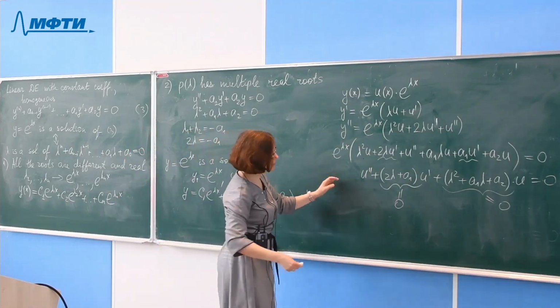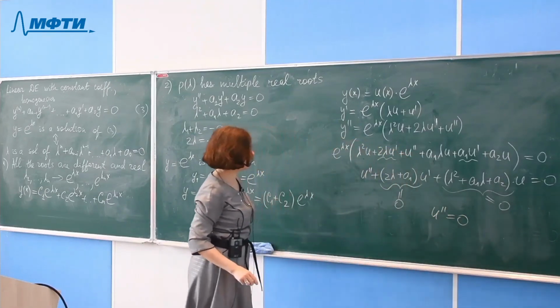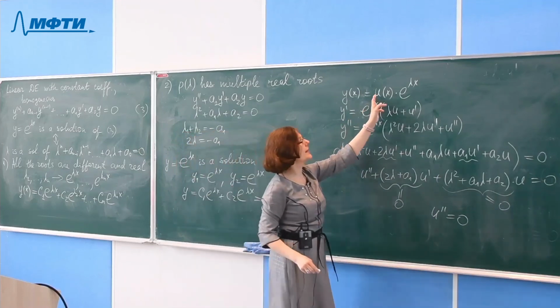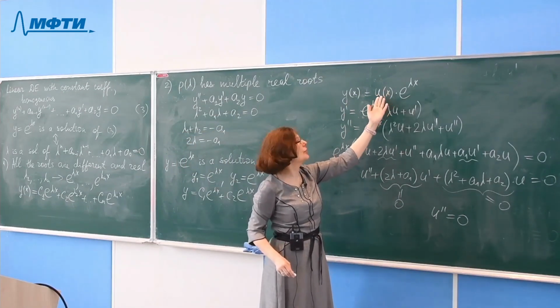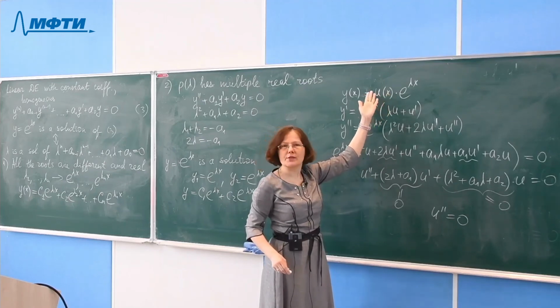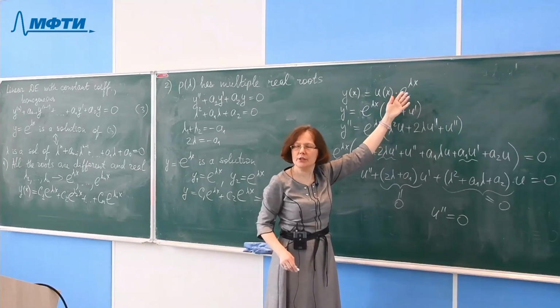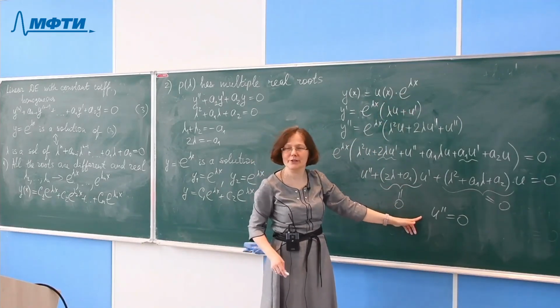Then we are left with the equation u double prime equals 0. So if we are looking for the solution represented in the form of the product of some function u with e to the power lambda x, then u must satisfy this equation.